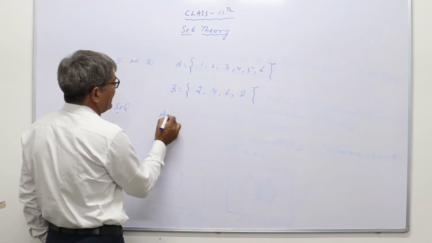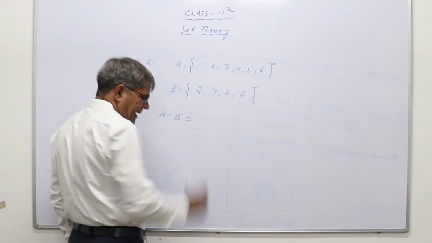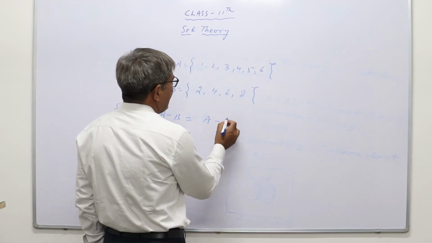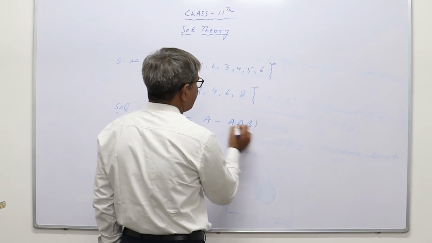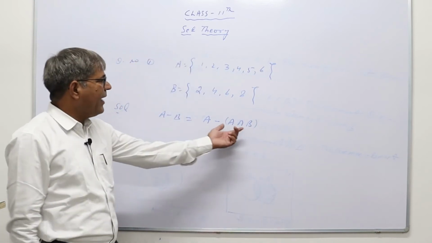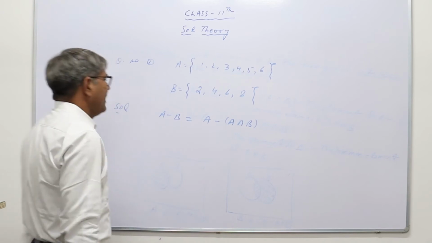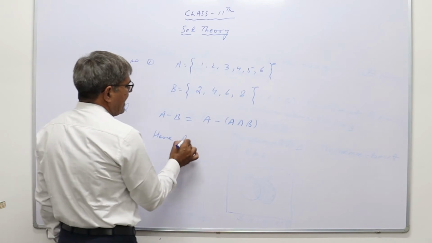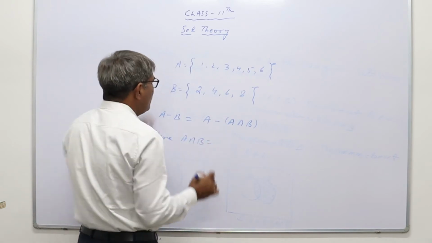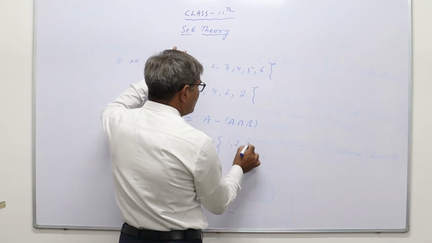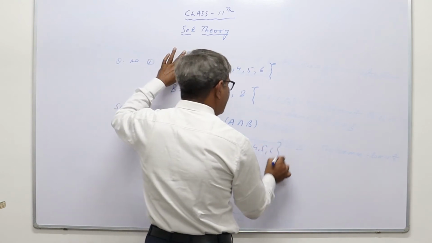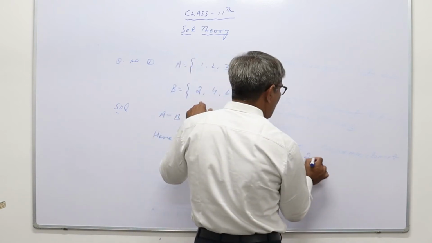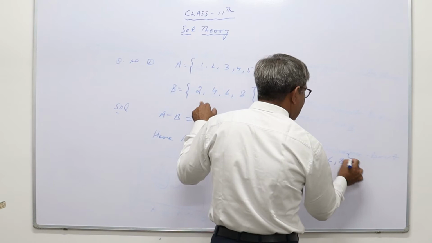Solution: A minus B. Here, for A minus B, write the formula. What is A minus B? A minus B is A minus A intersection B. It means first we have to find A intersection B, then we have to subtract it from A. So here A intersection B is equal to, write the set A, that is 1, 2, 3, 4, 5, 6, intersection B. B is 2, 4, 6 and 8.